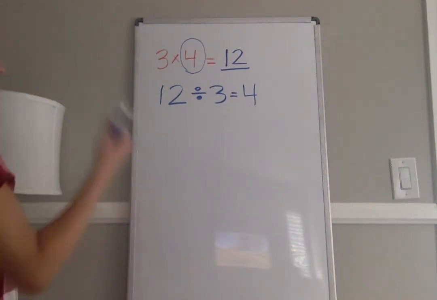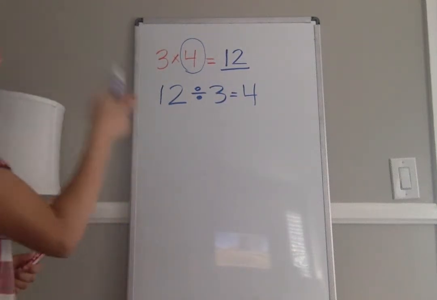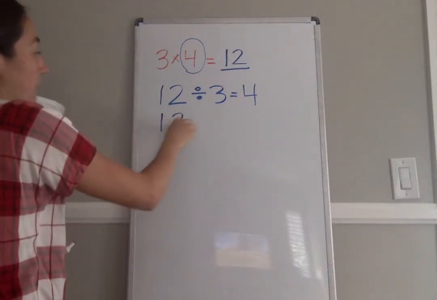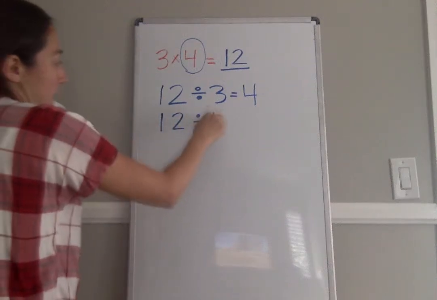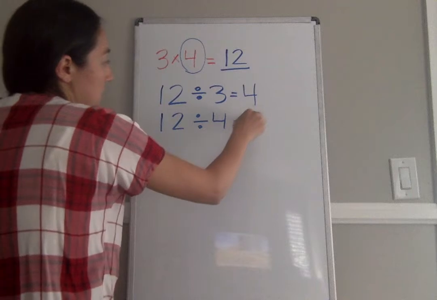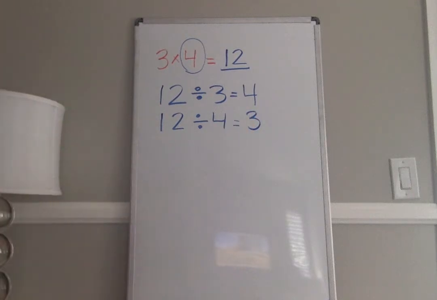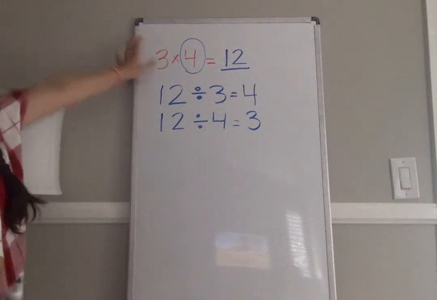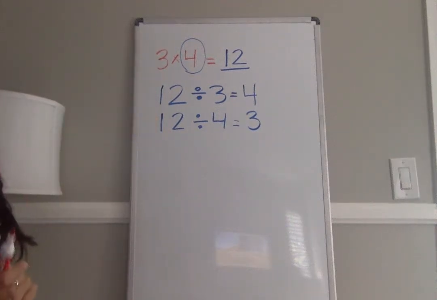You could also flip it and use the commutative property of division and say that 12 divided by 4 also equals 3. Now this one we took a multiplication problem and we turned it into division.